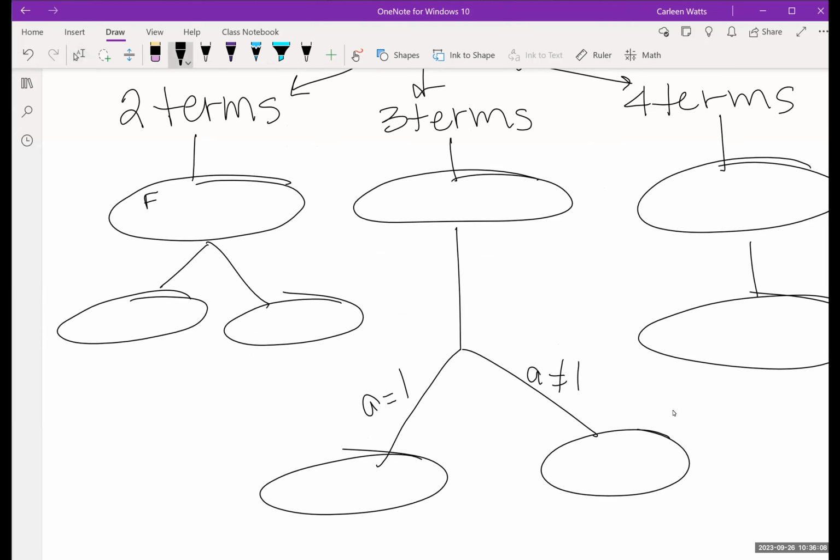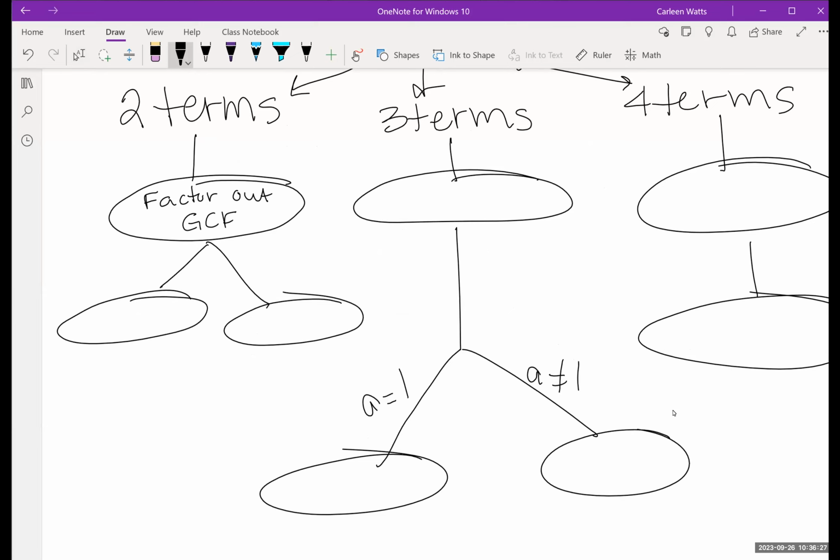Always factor out a GCF if you can. Do they have a common factor?